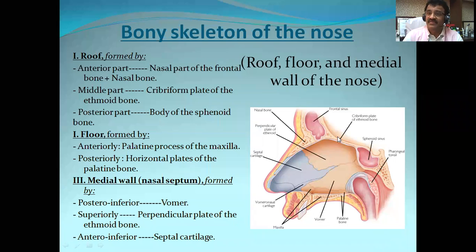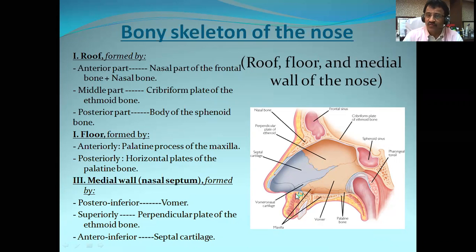The cribriform plate of the ethmoid bone is here. And the posterior part is formed by the body of the sphenoid bone. So we are talking about the bony part here. So these are the three bones: frontal bone plus nasal bone, then the cribriform plate of the ethmoid bone, and the posterior part is made up of the body of the sphenoid bone.